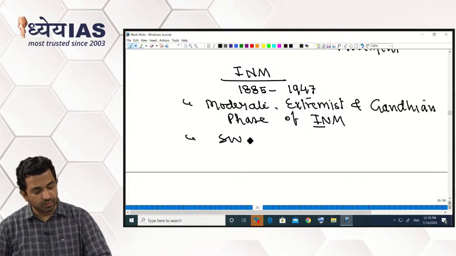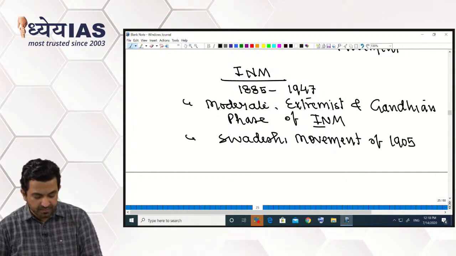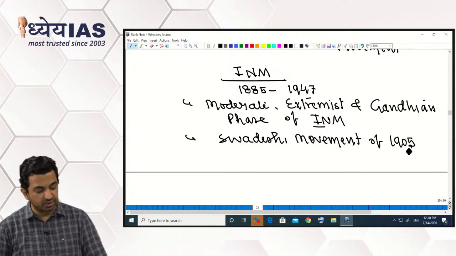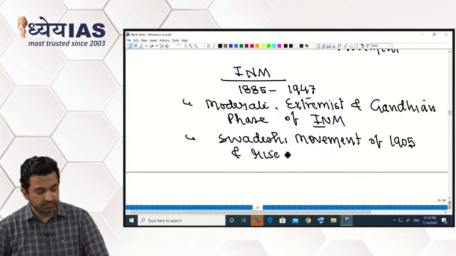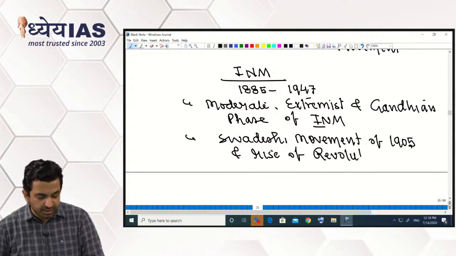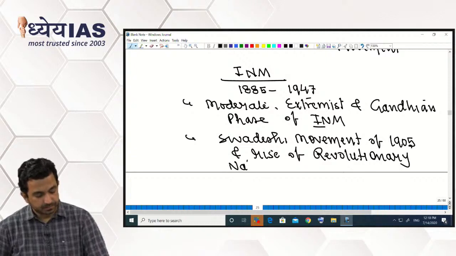Then the Swadeshi movement of 1905 and rise of revolutionary nationalism.